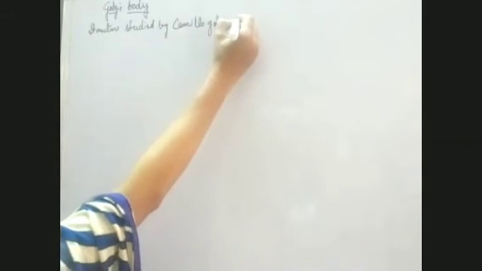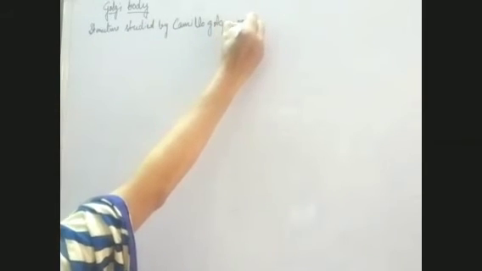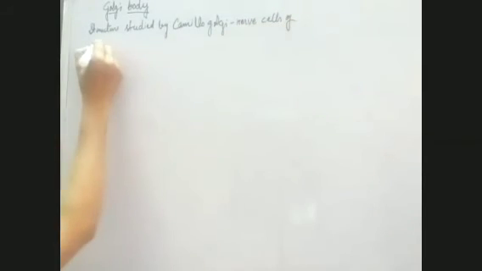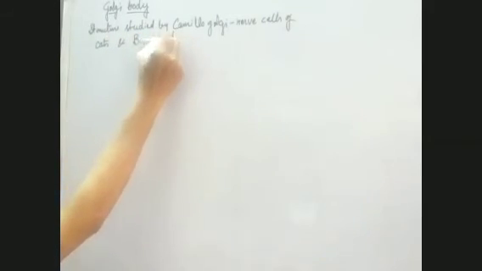He studied the structure of the Golgi body in the nerve cells of cats and barn owl, a special species of owl. He was the one who studied the structure of Golgi bodies.